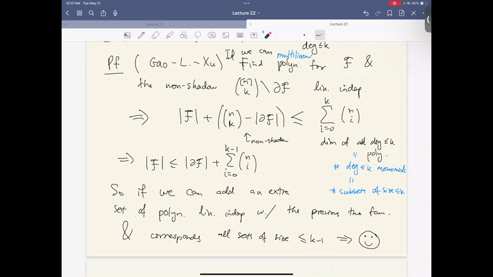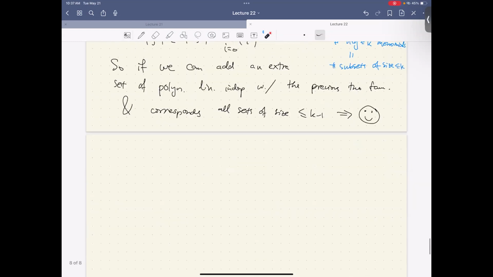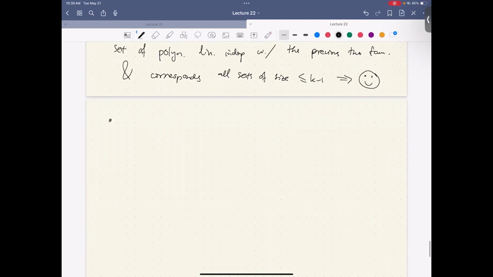Let's first write the polynomials corresponding to F, the first family. Let's write F as F1, F2 to Fm, which lives, remember, in the k plus 1 layer.